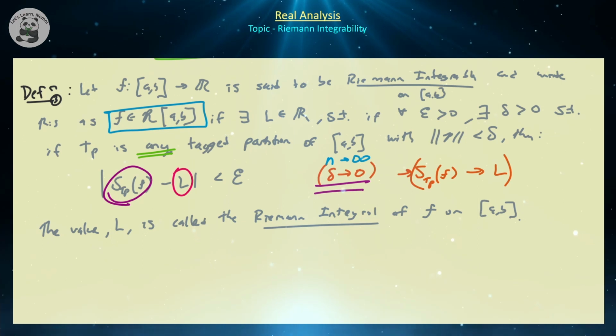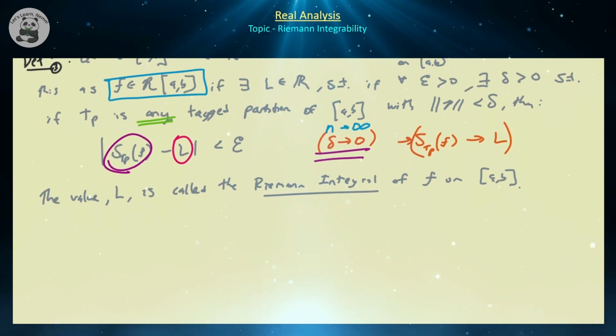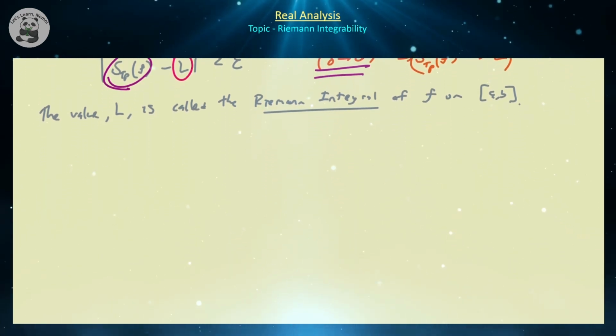Keep in mind this Riemann sum need not converge, but if it does, in particular converges to L, then we say that f is Riemann integrable on the closed interval AB, and we will say that f belongs to R[a,b]. So that's what a Riemann integral is.